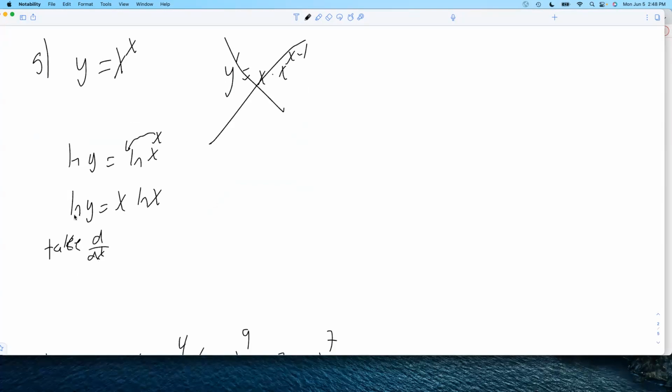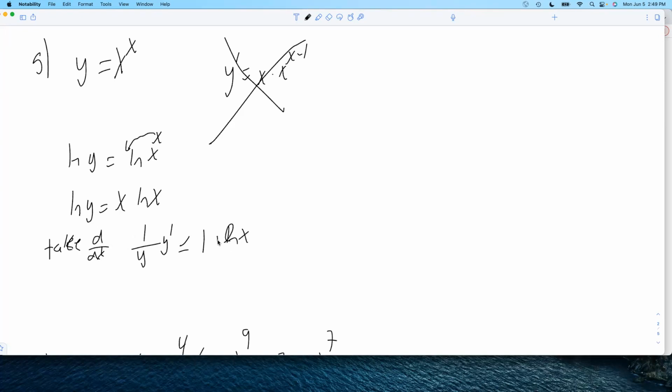Now I take the derivative of both sides with respect to x. Derivative of natural log of y is 1 over y times y prime. That's implicit differentiation there. On the other side, derivative, oh, look, I've got a product. One function, two functions. And you product rule. Derivative of the first times the second.